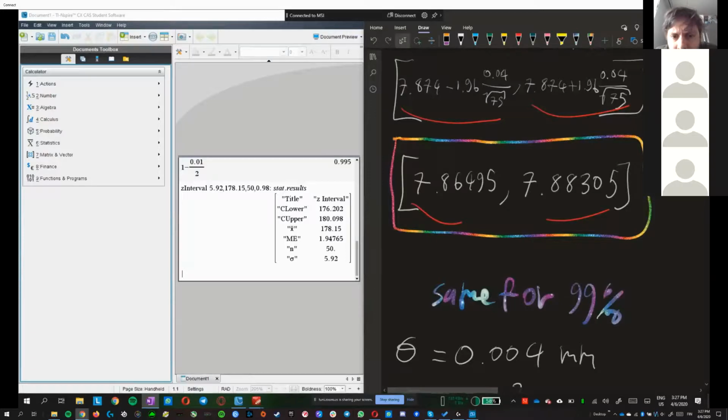I think you got the same result as mine, within one digit. Yours has one more digit here. So it's susceptible to small rounding differences, but your result here is 7.86495, and mine was 7.8649, and I had truncated it.